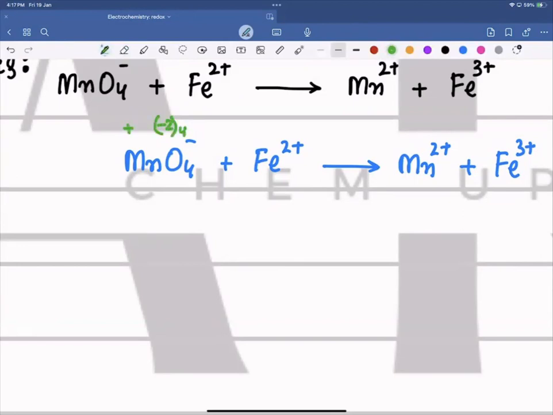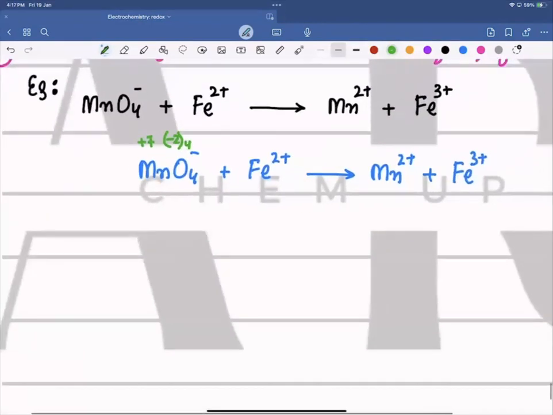So the Mn has a net charge of +7. So we got all the charges. Let me repeat the equation over here. I have identified the elements whose oxidation number is changing.